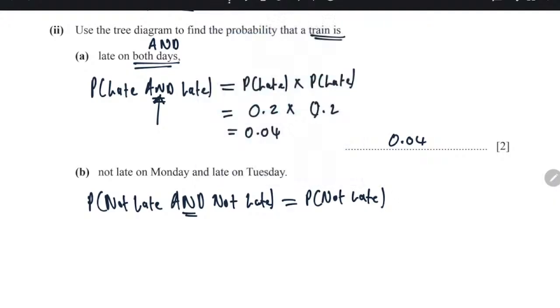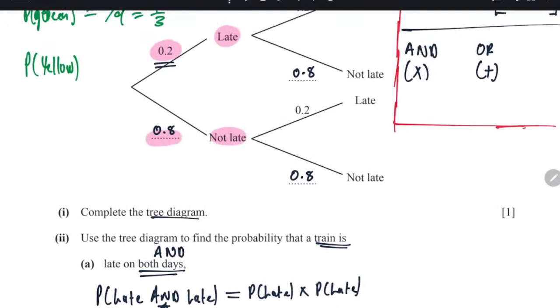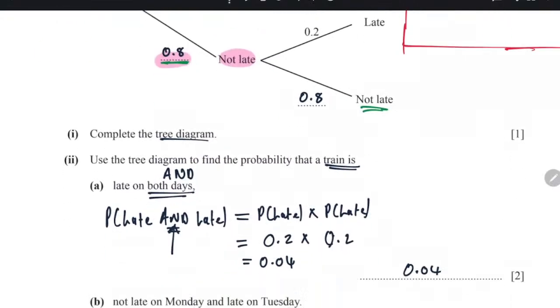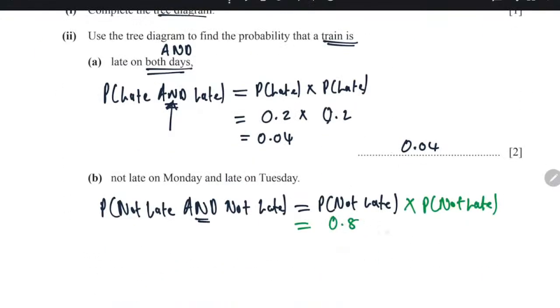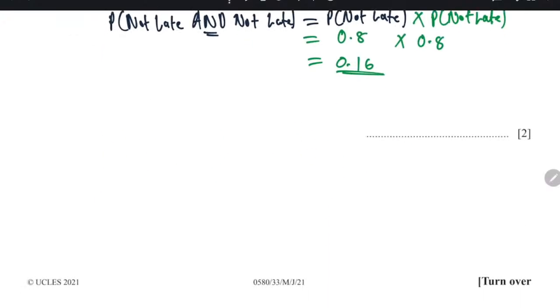You multiply times not late. Are you sleepy, Lifika? So what's the probability of not late the first time? 0.8. And not late again, 0.8. So it's 0.8 times 0.8, which you get 0.16. And you're done.